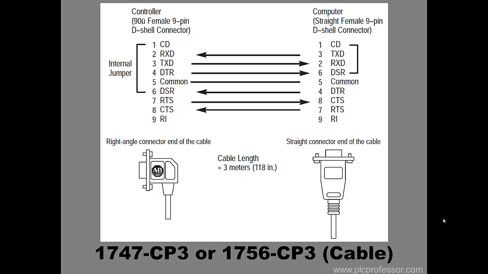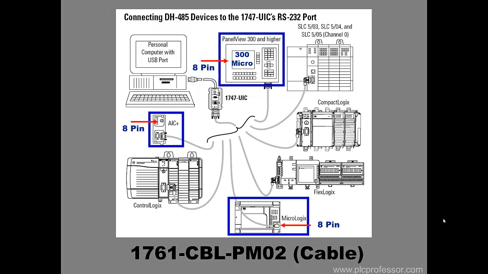And that's what sets these apart. Plus you see pins 4 and 6 are also swapped. Okay, so it's not just simple, and you can see 7 and 8 are swapped. So this is quite a crossover cable. Connecting DH485 devices to the 232 port.